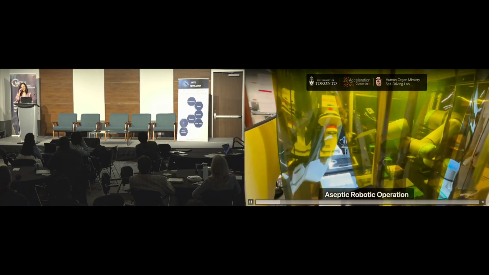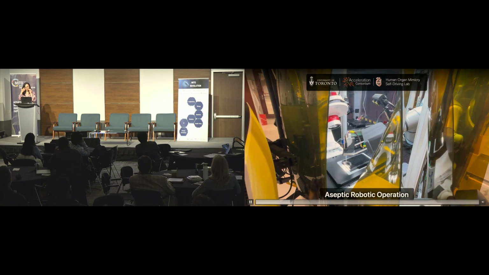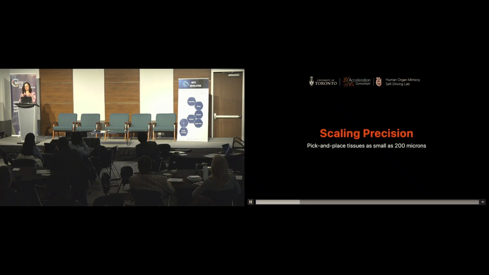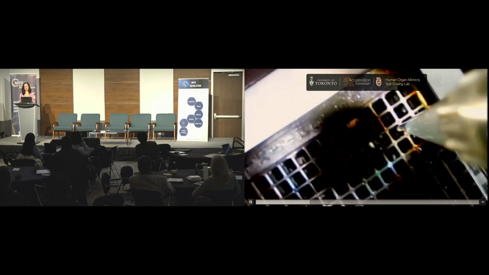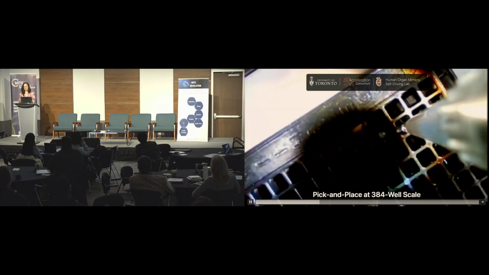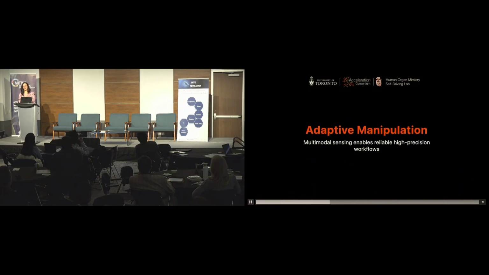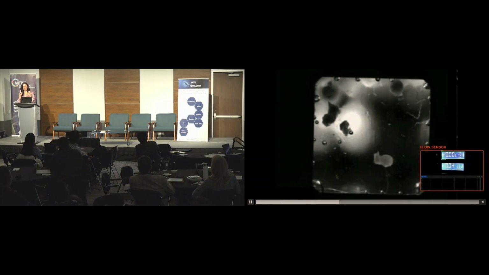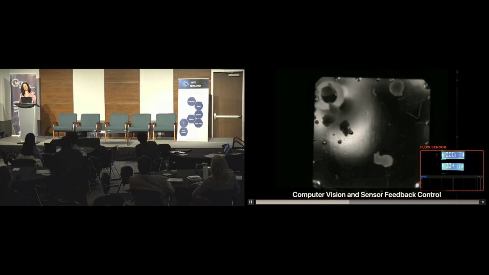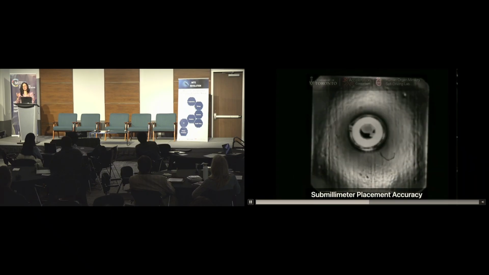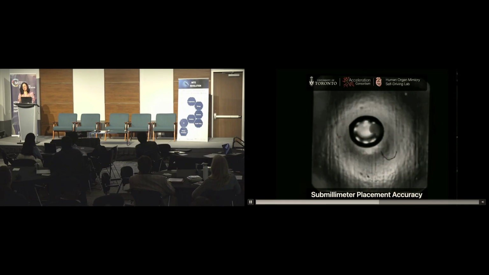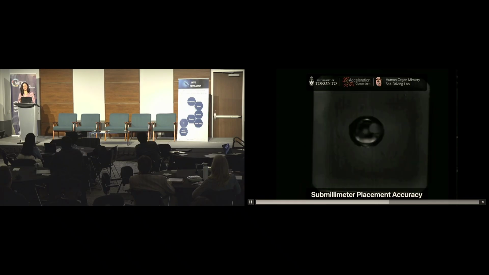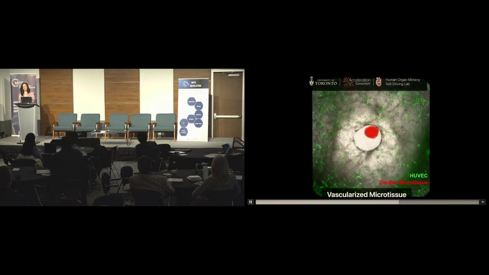So you can see the completely aseptic enclosure, and in a footprint of a 384-well plate, the robot can pick and place organoids, create basically vascularization first, a vascularized bed first, and on top of this vascularized bed, it can pick and place essentially any tissue of interest at sub-millimeter accuracy.